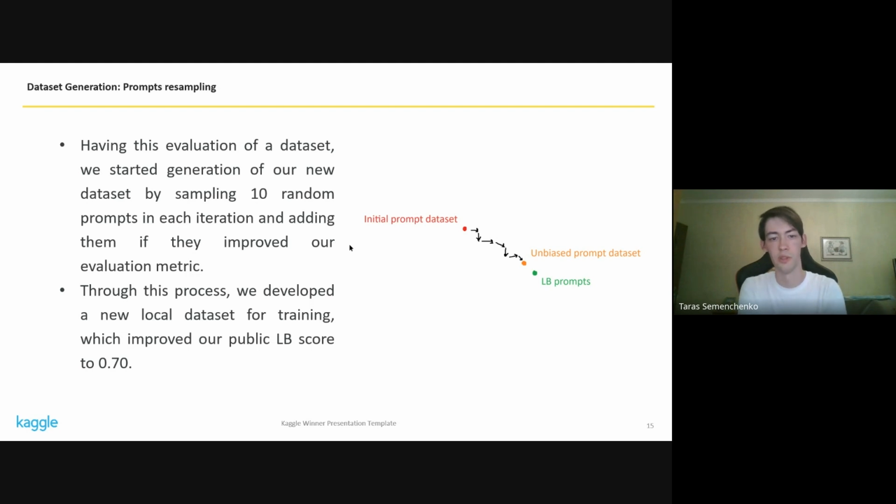And we did this process until we achieved a desired score of this dataset. Yeah, and applying this approach, we could reach a score of our min prompt up to 0.7 on the public leaderboard, and it was min prompt only, without any LLM.